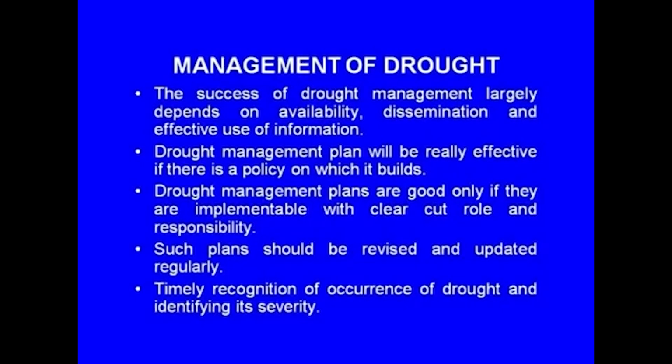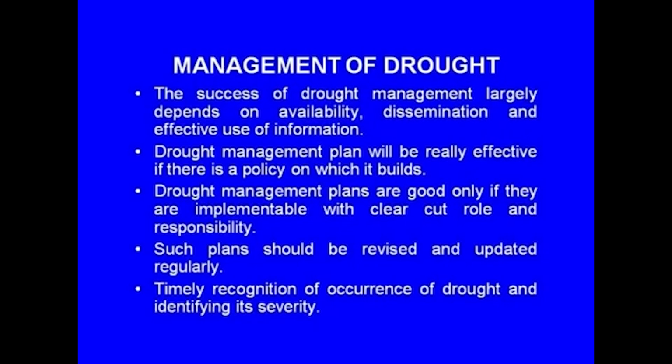Having had a look at the analysis and its criteria, how do we manage a drought? The success of drought management largely depends on the availability, dissemination and effective use of information. Drought management plans will be really effective if there is a policy on which it builds.